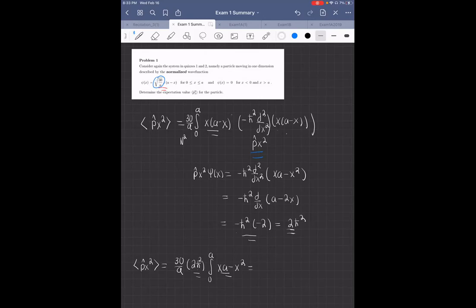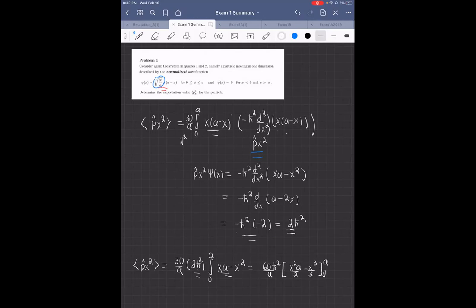So from solving the integral, you get 30 over A. And let me just go back. So 60 h bar squared over A, and then you have the bounds from x squared over 2 minus x to the third over 3.